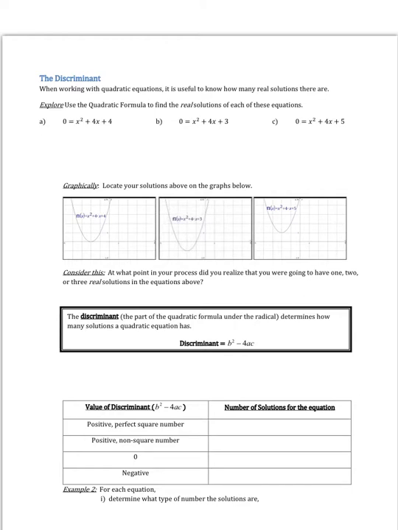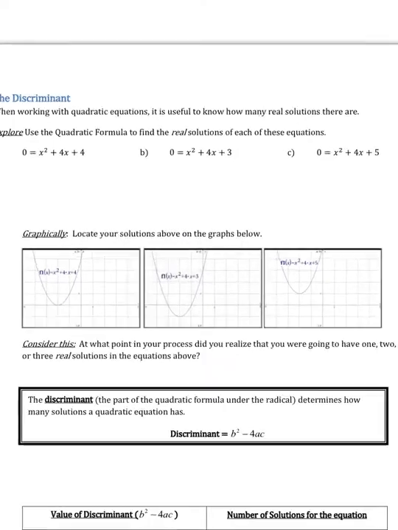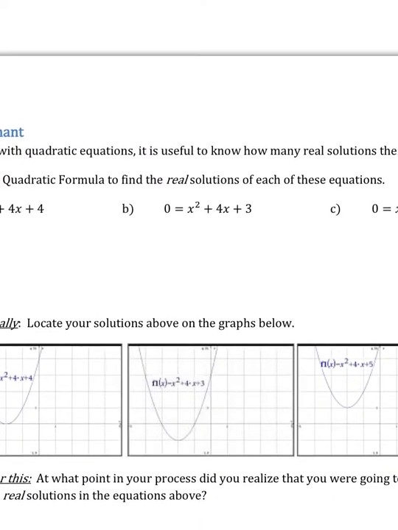So a couple of things that we've already talked about. We see that we get 2 solutions sometimes, 1 solution, and no solution.